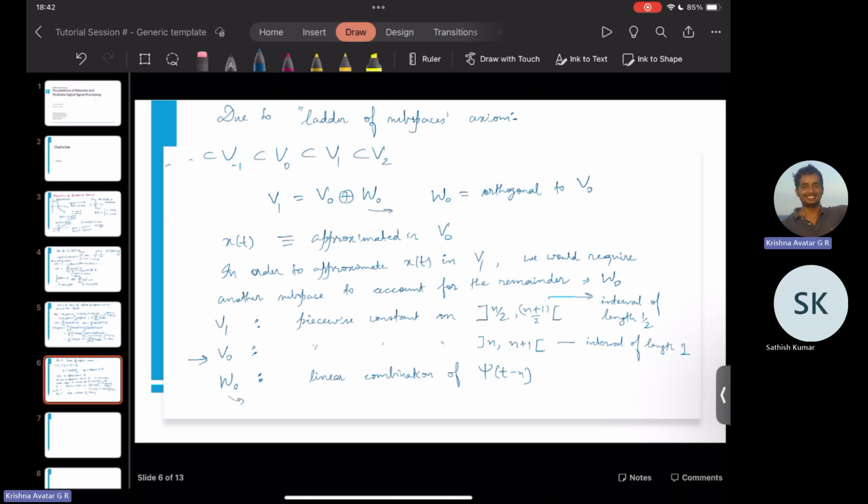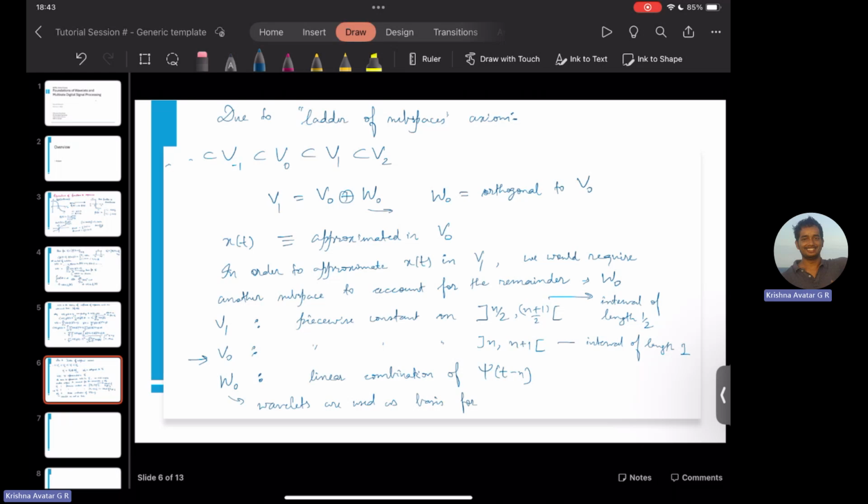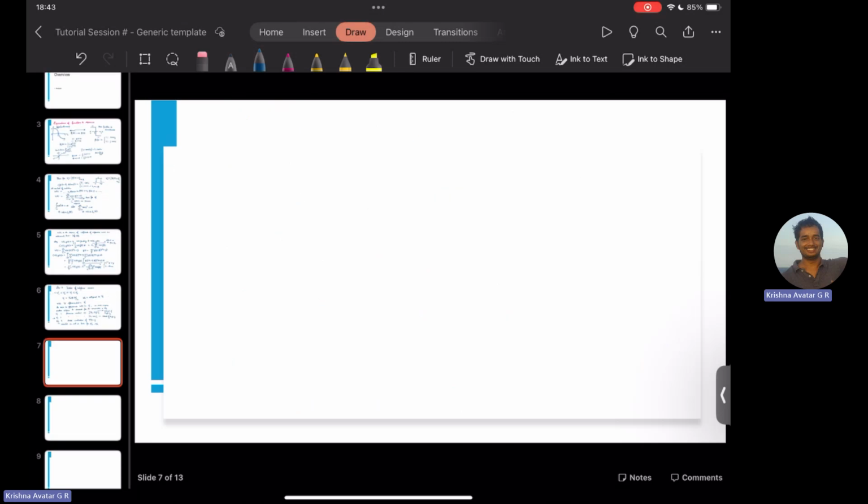For W naught is where we use our wavelets, because as we recall, wavelets are used as basis for the W spaces. That is the whole nature of the game here, and any such W m in general. Okay, we start with an example.